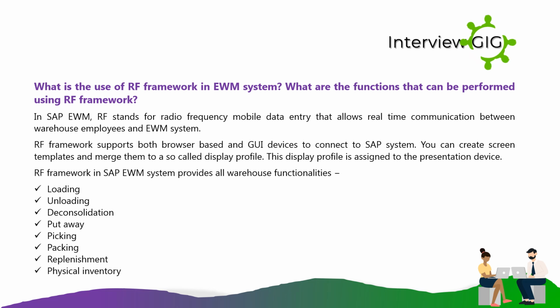This display profile is assigned to the presentation device. The RF framework in the SAP EWM system provides all warehouse functionalities: loading, unloading, deconsolidation, put away, picking, packing, replenishment, physical inventory.